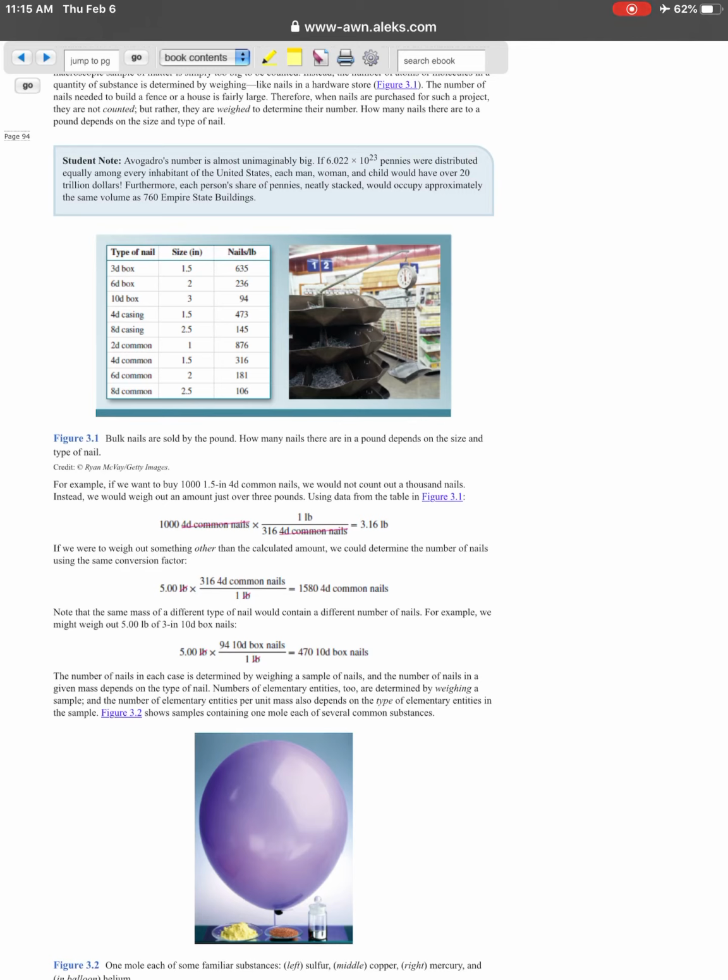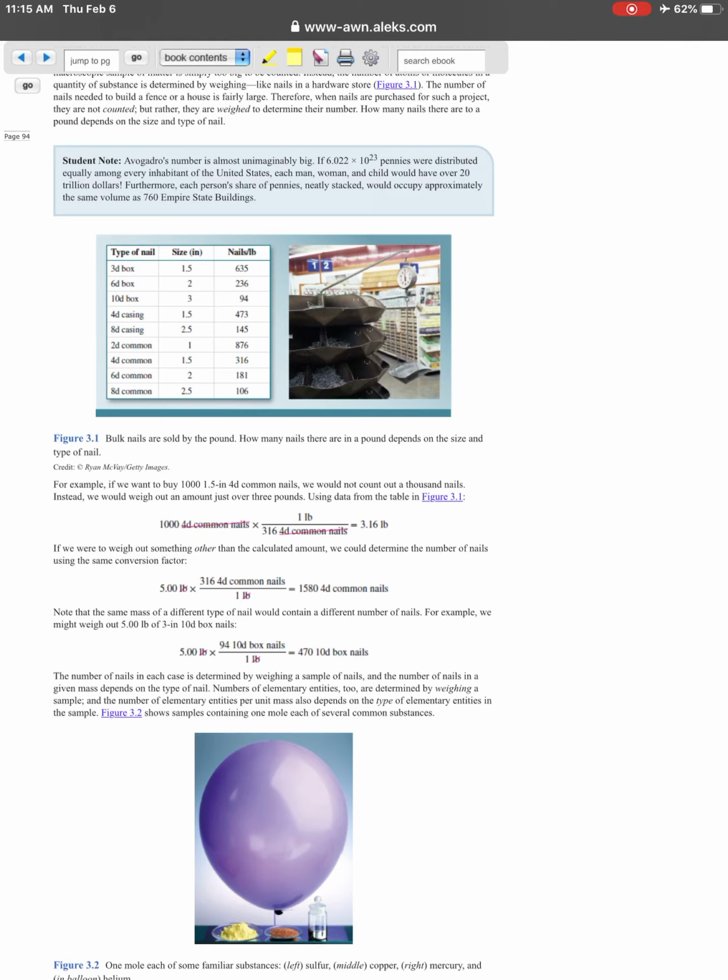So in this table here, it says, what happens if you have a box of 3D nails? The D refers to pennies, probably because nails used to be sold by the penny. You'd either pay a penny or 2 pennies or 3 pennies for a certain number of them. So they use that symbol D. So 3D box is just saying a particular type of nail.